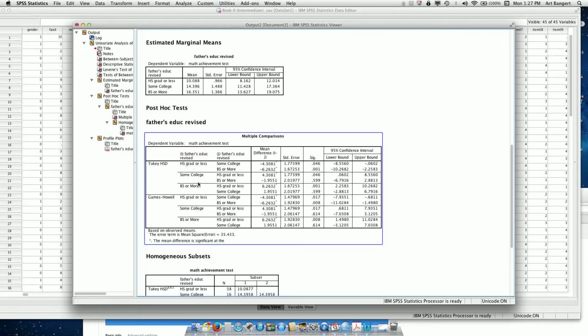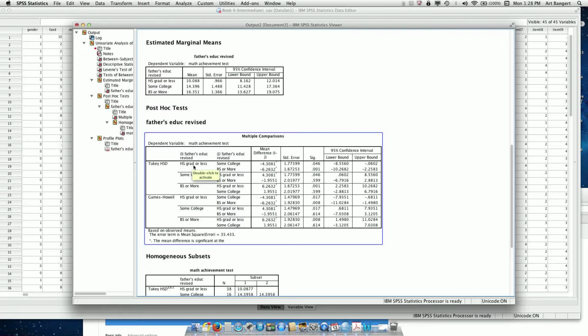These post-hoc tests provide us with all possible comparisons between the three groups. For example, if we look at this first set of comparisons, you can see that the mean math achievement scores of students who had fathers who earned a high school diploma or less, as compared to students whose fathers had some college, was on average 4.3 points lower in terms of math achievement.